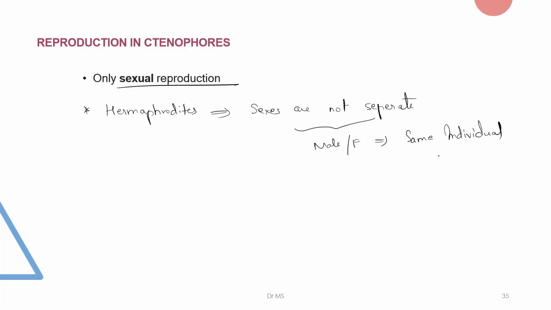They show external fertilization. What do you mean by external fertilization? The egg and sperms will be released into the water. So fertilization happens in water. Egg and sperms are released into the water, then they fuse and result in formation of the zygote. That happens in the water, so it's external fertilization. And development: they show indirect development.